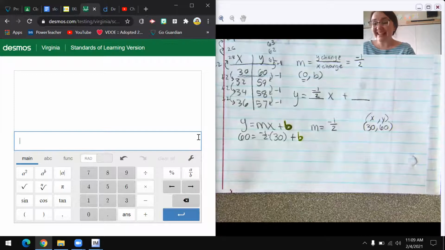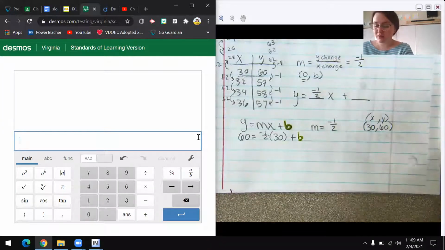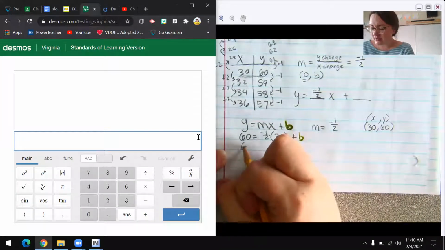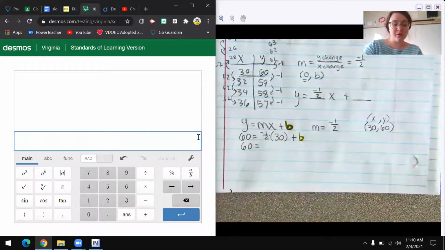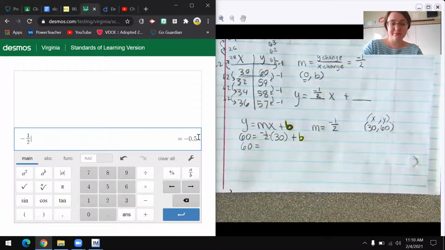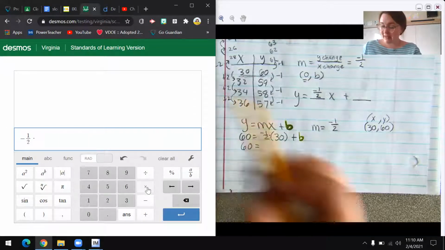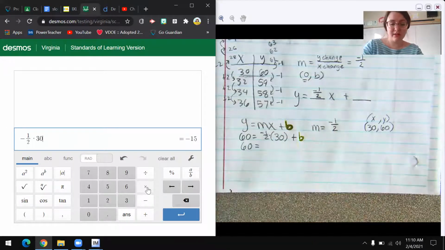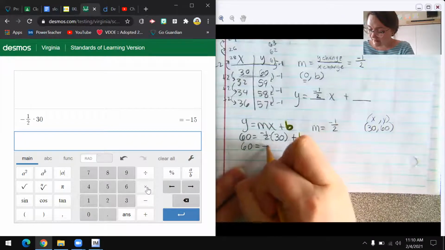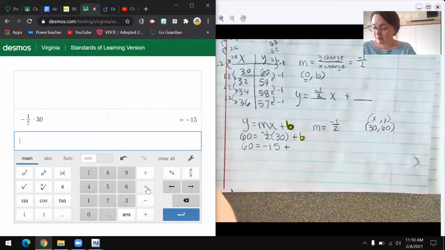Okay? And now I can solve this like an equation, or this is an equation. So 60 equals, now I can do -1/2 times my x value of 30, and I get negative 15 plus b.